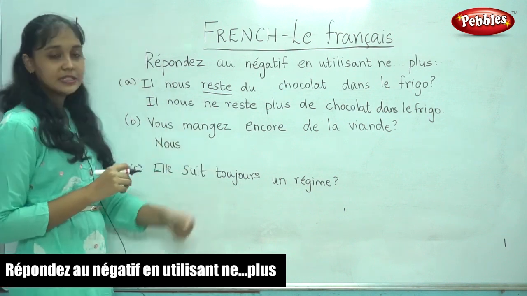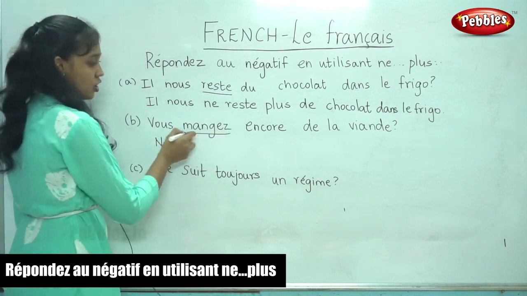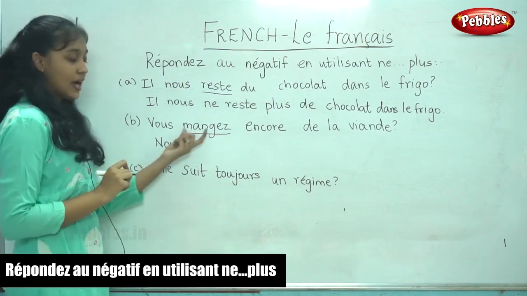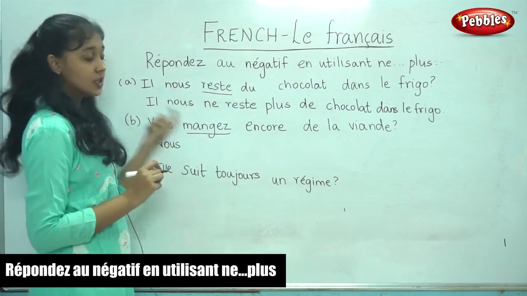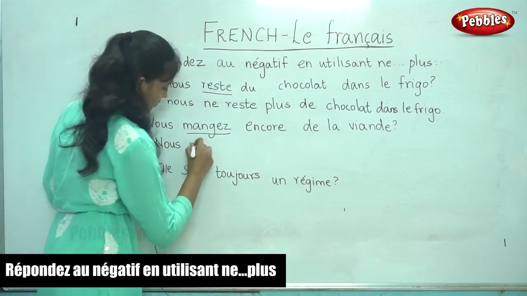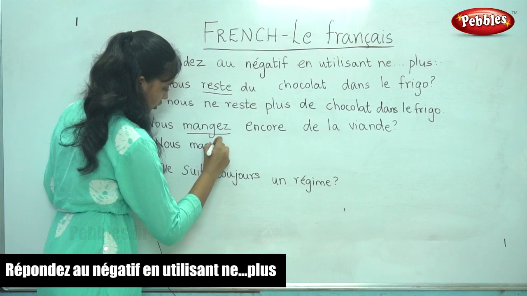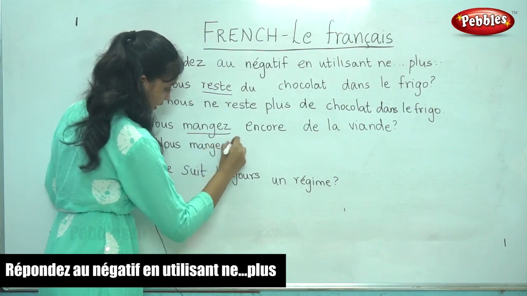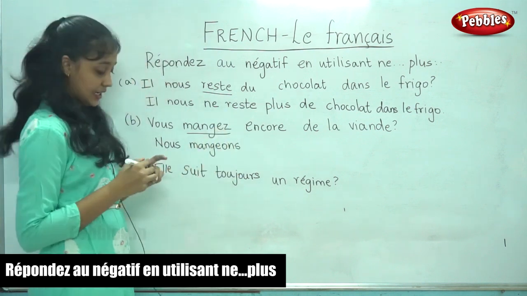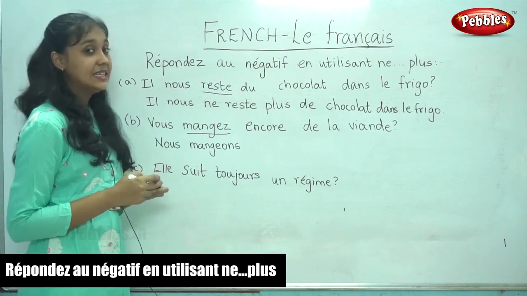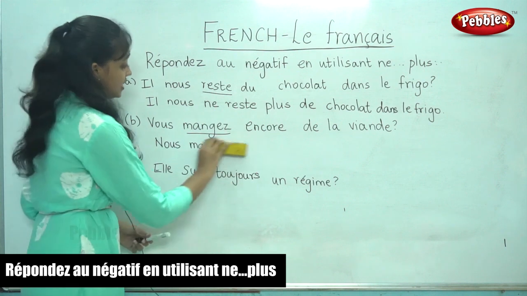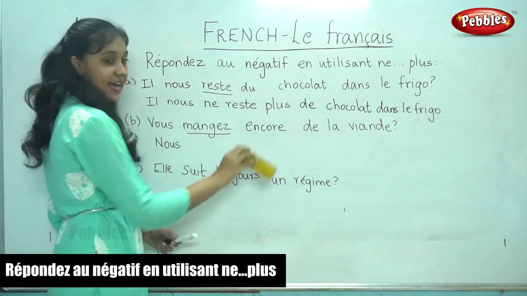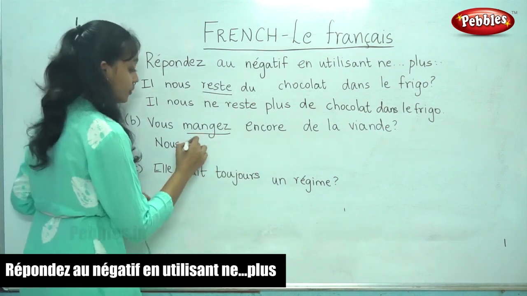And what is our verb in this sentence? It is manger. So we have to conjugate it accordingly, right? So for nous, the conjugation of manger becomes mangeons, right? And now we have to answer it in the negative. So this is our verb. So we have to write ne before the verb and plus after the verb.